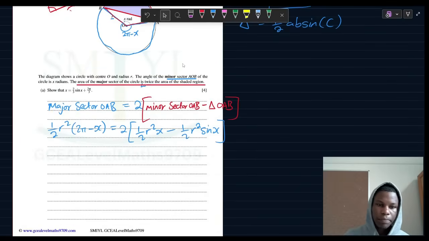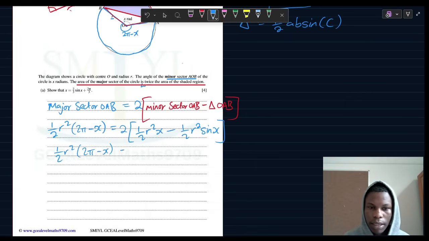Okay. And now it's just a case of trying to manipulate this to get to what they want. I'm just going to hold off on the left-hand side. I think I'll expand the right first, and let's see if we can come up with a general idea. So if we multiply 2 times half, we're going to get 1. So that just becomes r squared x.